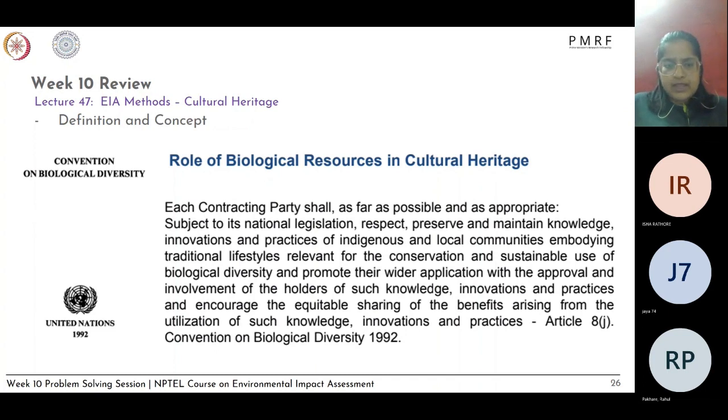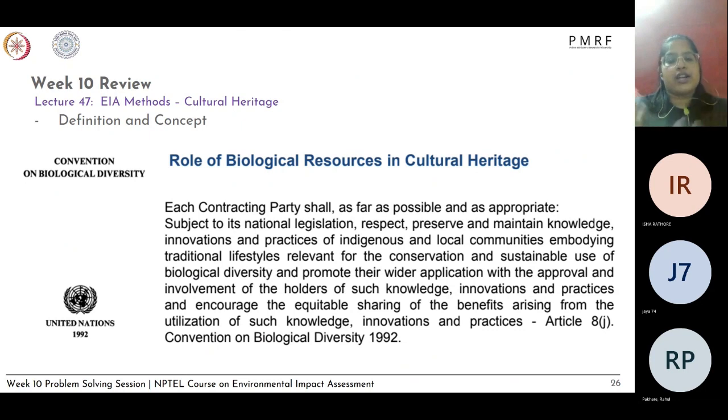So as part of the Convention on Biological Diversity of 1992, the parties which signed this convention, or CBD, agreed to respect, preserve, and maintain knowledge, innovations, and practices of indigenous and local communities, embodying their traditional lifestyle, which is relevant to conservation and sustainable use of biological diversity, and promote their wider application with the approval and involvement of holders of such knowledge.